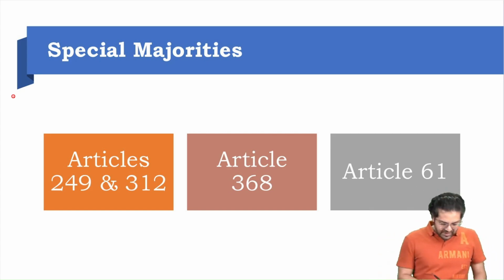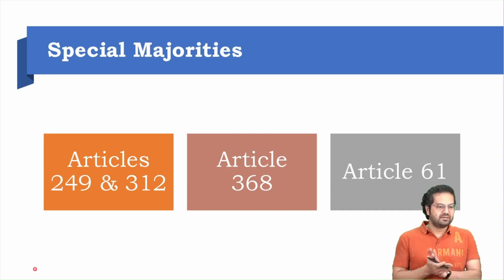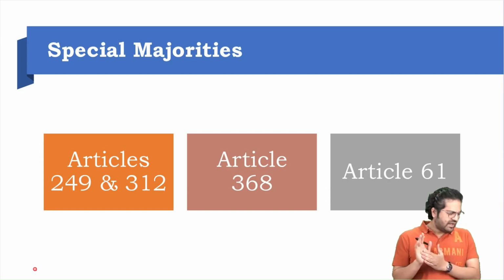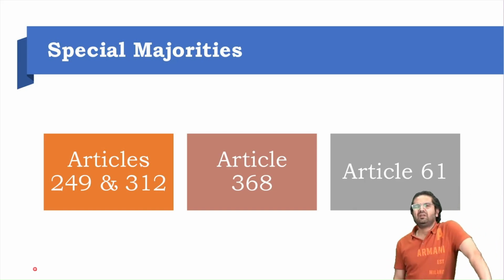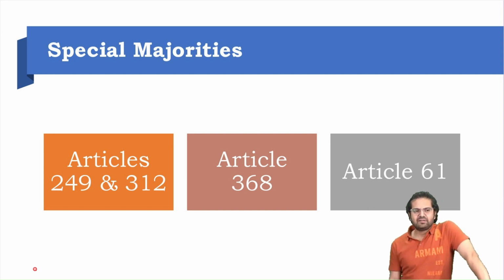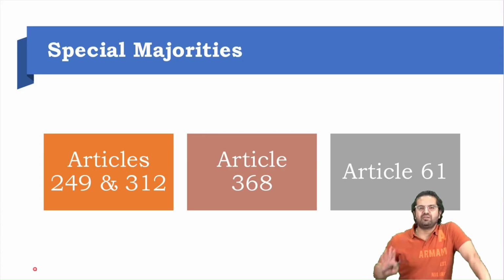Now, let's come to understand special majorities, right? Sadhana says, what is the need of making different majorities? Take an example. If I have to ask how is Byju's in general, how are the faculty in general, etc., to students, I will take the vote of all the students enrolled in Byju's.